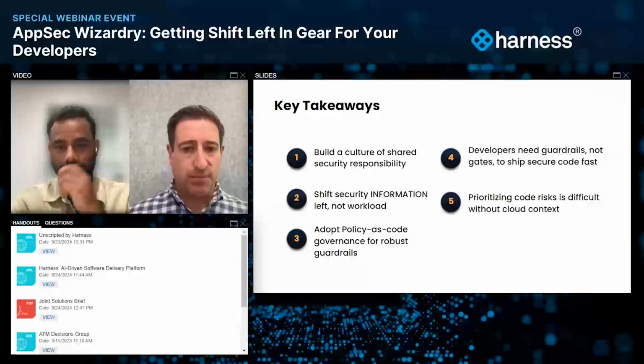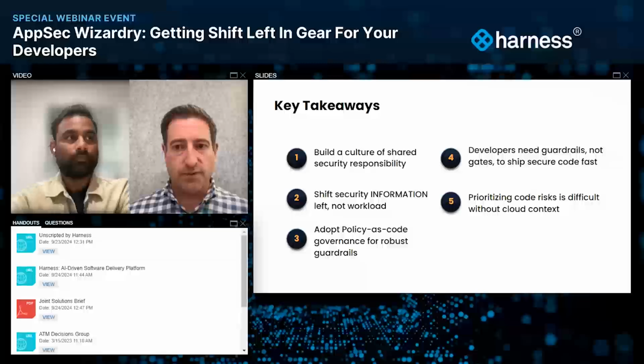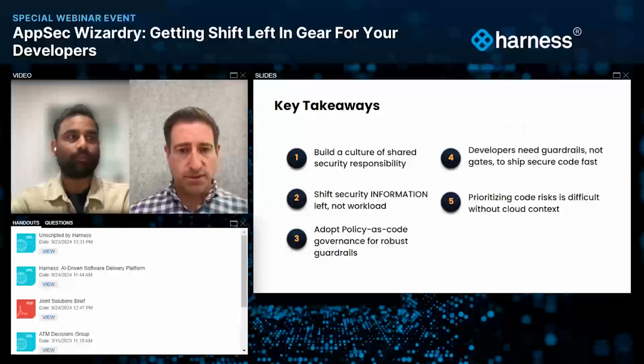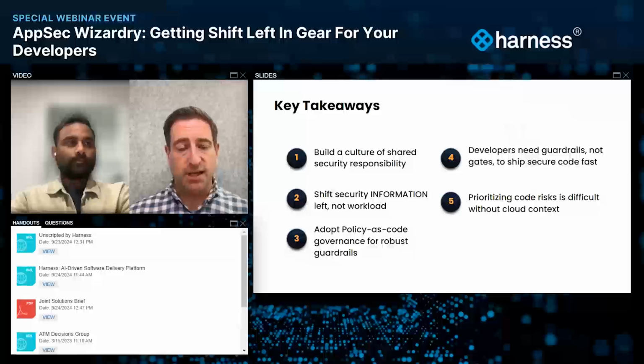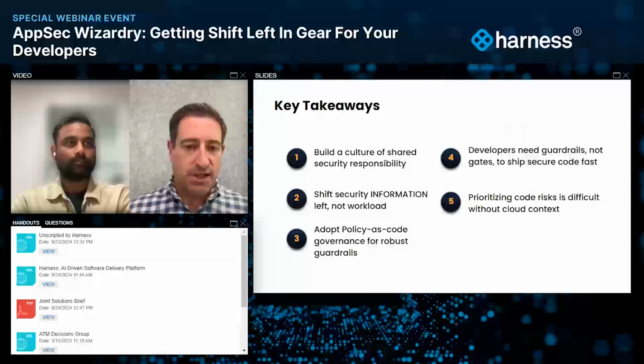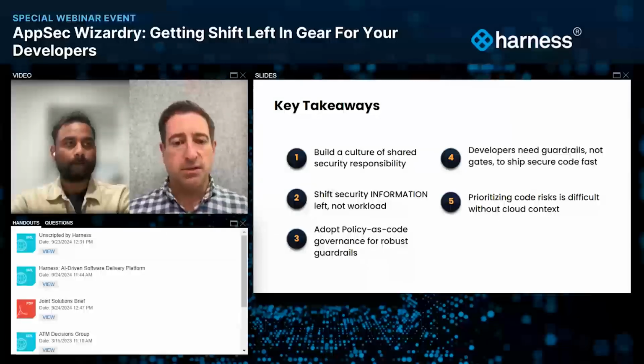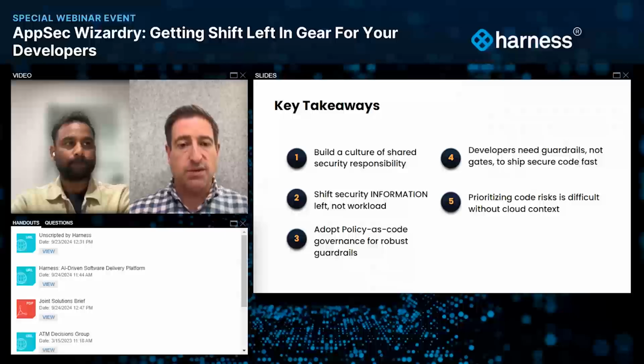I use the example first of once a high severity or critical severity vulnerability is discovered, then break your pipeline. Don't have that code promoted on to the next phase. So that's just one of many examples of how you can use policy as code to create these guardrails to make it easy to do the right things and tough to do the wrong things.